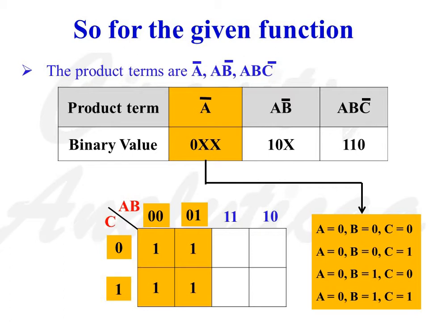These are the binary values of the terms A bar B bar C bar, A bar B bar C, A bar B C bar and A bar B C respectively. We have to locate these four binary values on the K-map and the corresponding cells are filled with logic 1.